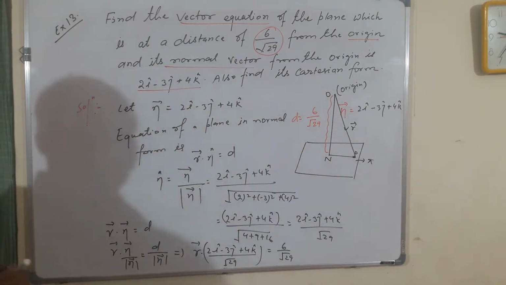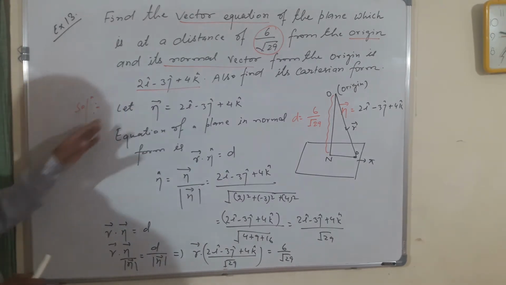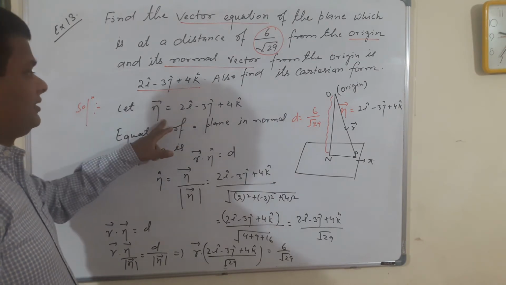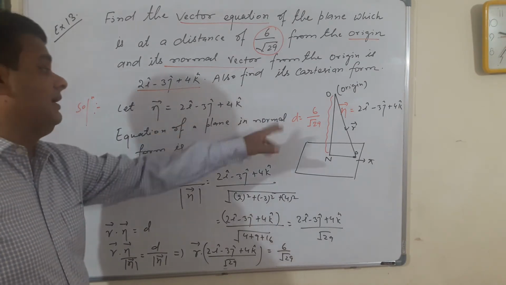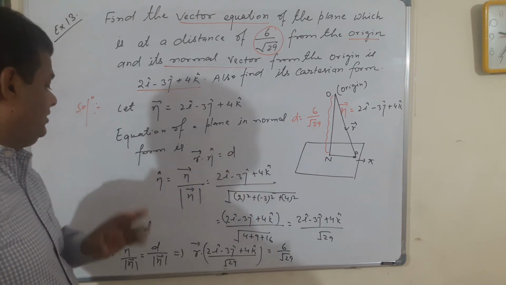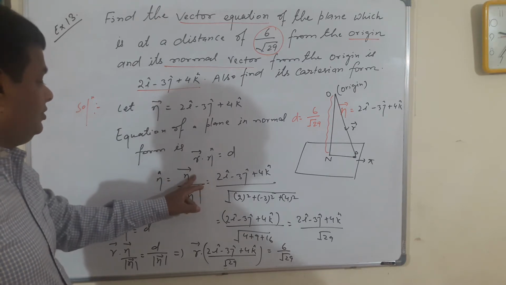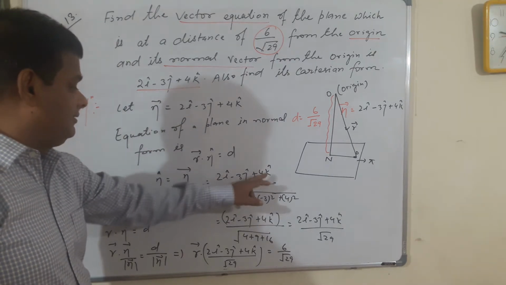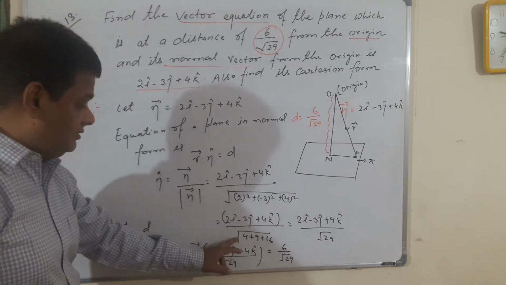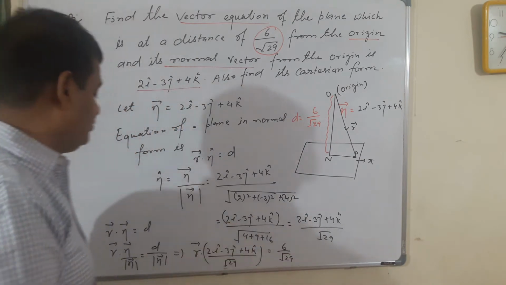So see here, the normal vector is given as 2i minus 3j plus 4k, and the equation of a plane in normal form is vector r dot unit vector n is equal to d. So you have to convert unit vector n into 2i minus 3j plus 4k divided by mod of vector n, which becomes 2i minus 3j plus 4k divided by root 29.